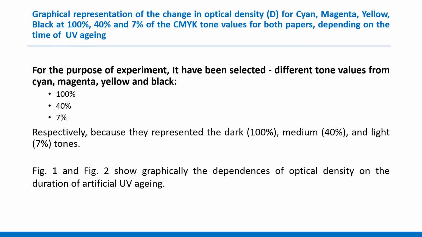And after that, for the purpose of the experiment, we have selected different tone values from the CMYK colors. We have selected tone values from the dark tones, this is 100%, mid tones 40%, and for white tones we have selected 7% of tone value.